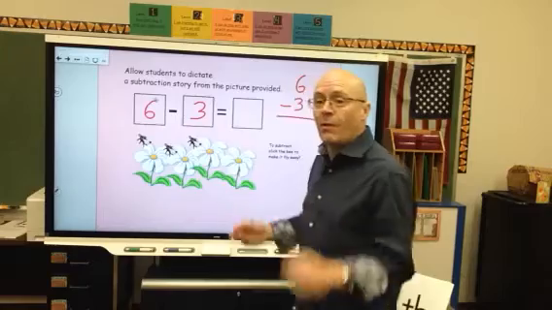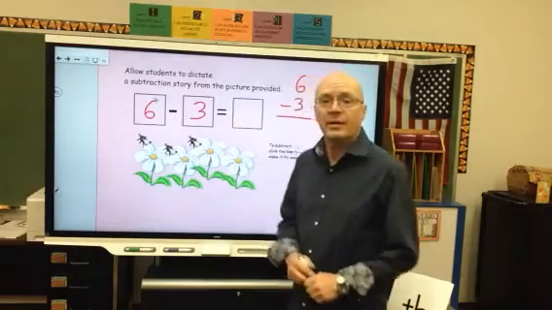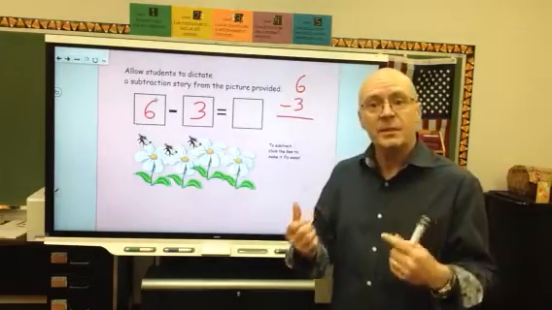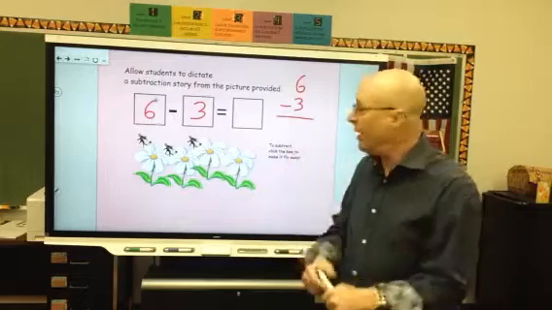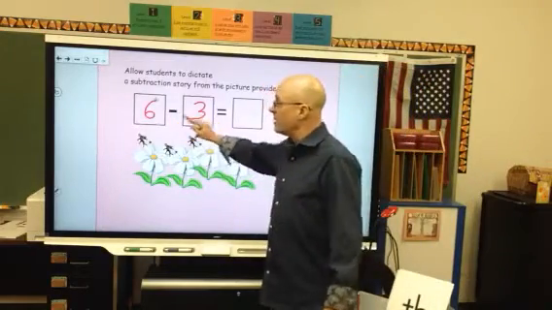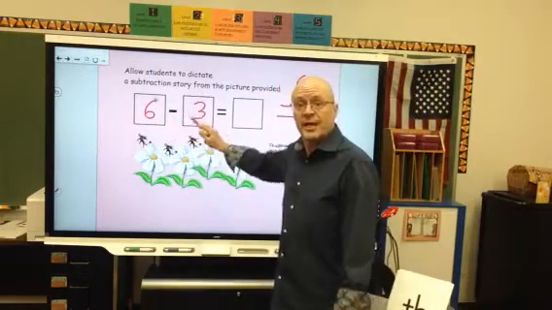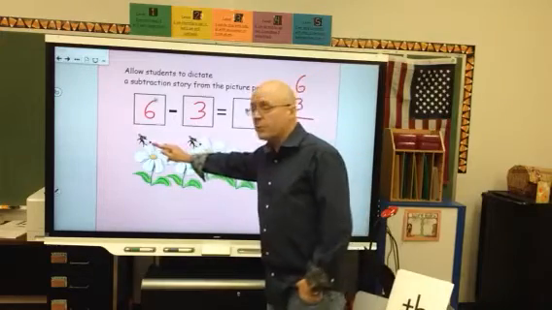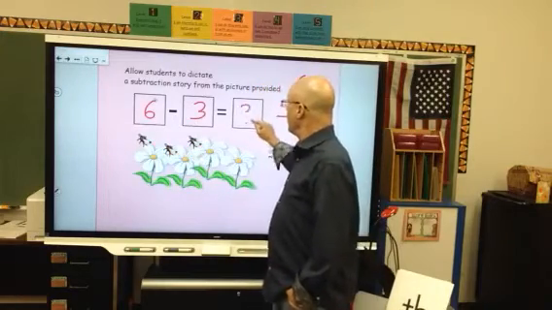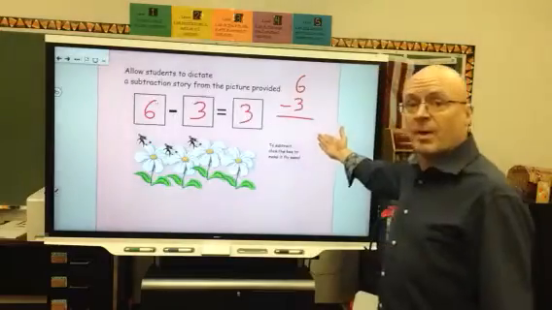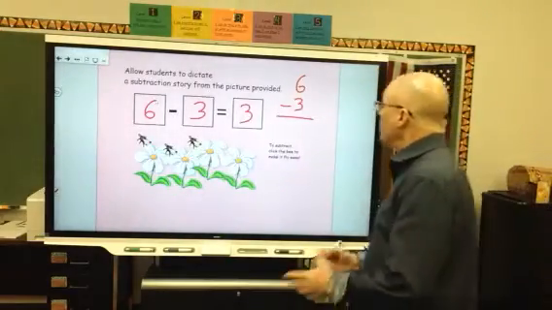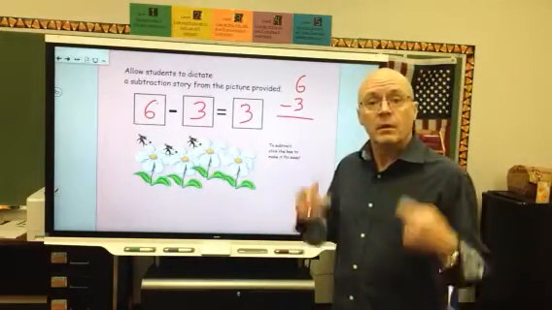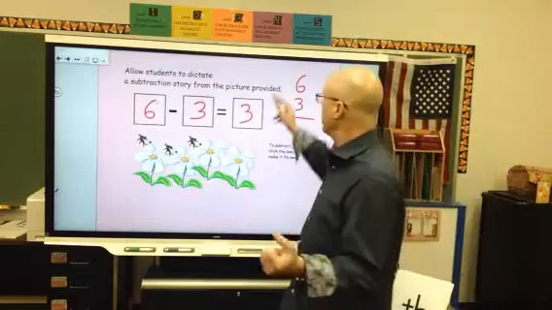Alright. So, after the equal sign, we write how many bees are left, right? So started with 6, we take 3 away, we're left with 1, 2, 3. Now, if you just had this problem on a paper, you could make your own picture.